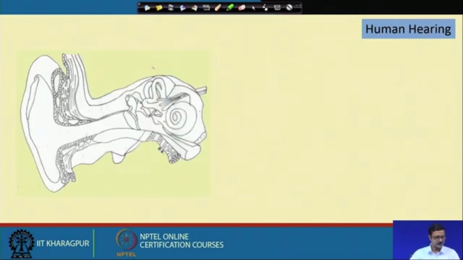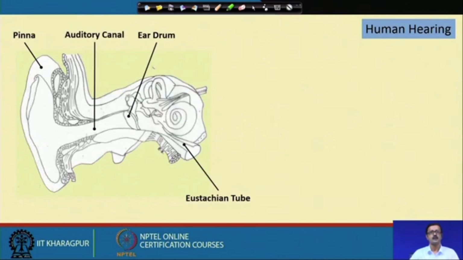Suppose this is the ear cross section, and it has some parts. The first 3 parts are called the outer ear part, which has a pinna, which is like this, and then there is the auditory canal, and the auditory canal terminates at the eardrum.